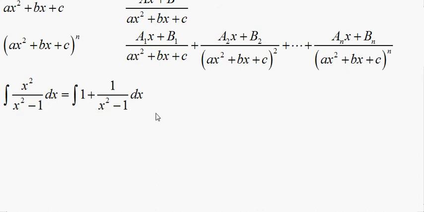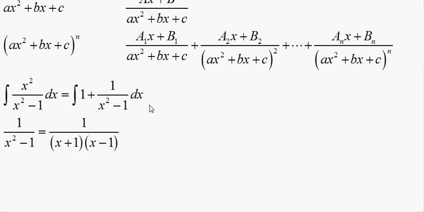Now, after doing that, after making sure that the fraction is indeed proper, you do your partial fractions. Well, we can immediately do this integral right here, but let's do partial fractions first. 1 over x squared minus 1 is equal to 1 over x plus 1, x minus 1, there we go, which is equal to a over x plus 1 plus b over x minus 1, because they're linear terms.